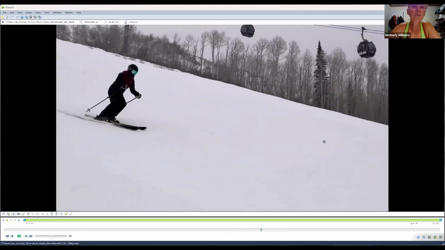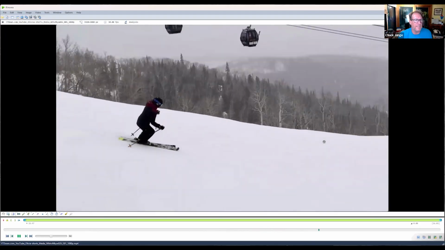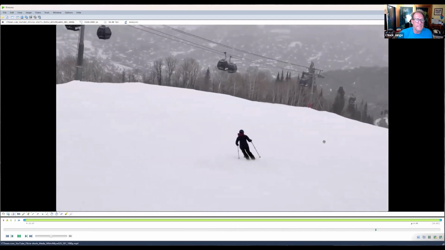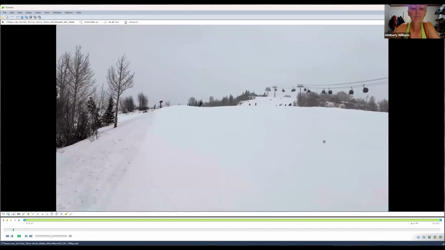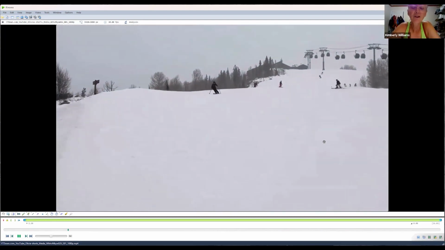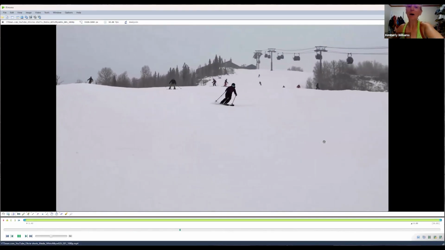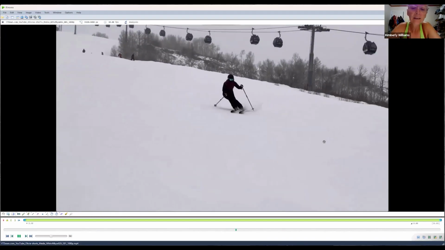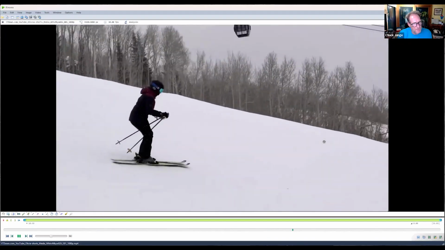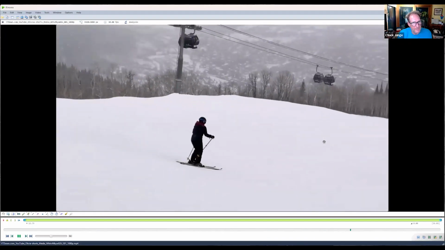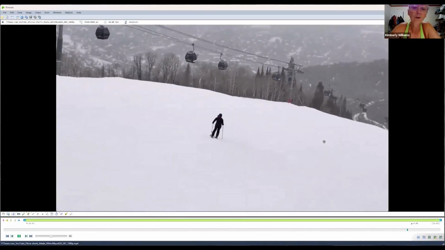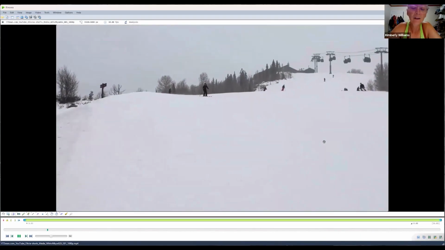Now you want me to say what's happening in the body? Let's talk about the body. At the end of the turn, she is popping up and using her upper body to initiate the turn. Could we be more specific about the upper body? Where is it originating from? The shoulders. She's moving from the shoulder, the arm.